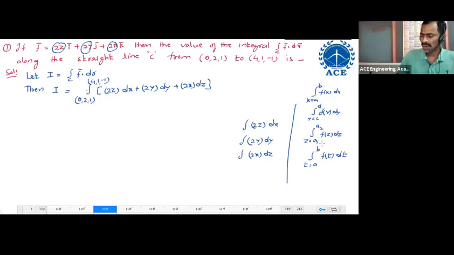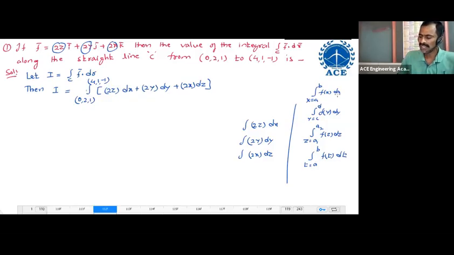Now observe all the integrals. This integral is with respect to variable x, the function is a function of x, and the limits are x limits only. The integral with respect to y has y limits and a function of y only. With respect to z, z limits and function of z. With respect to t, function of t and t limits only.